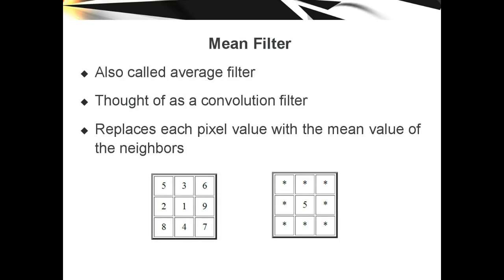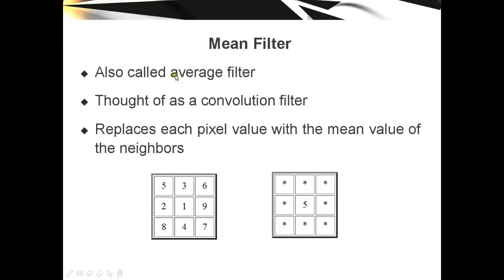It is also called the average filter, and it can be thought of as a convolution filter because every time you take a kernel and you do the convolution calculation with the original pixel values. Here, let's say we have a 3 times 3 kernel, and the pixel values range from 1 to 9.